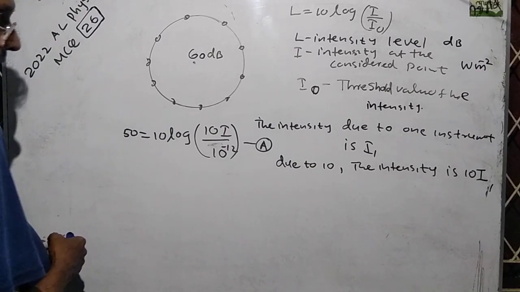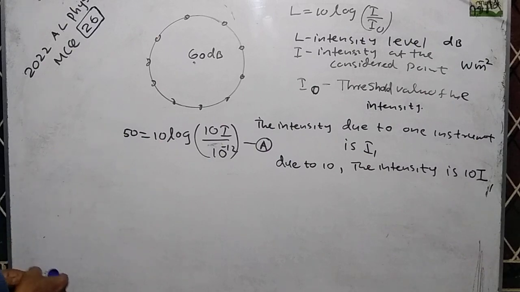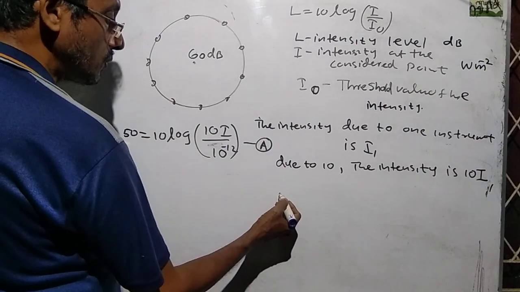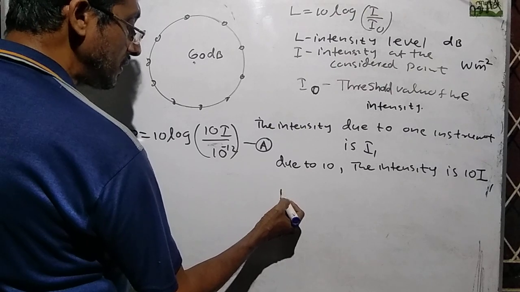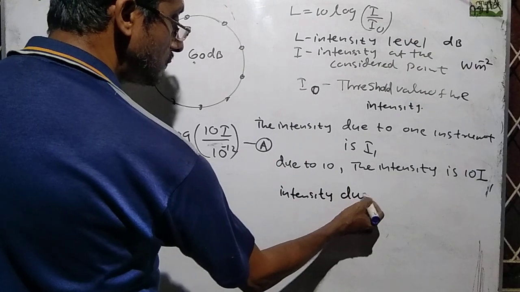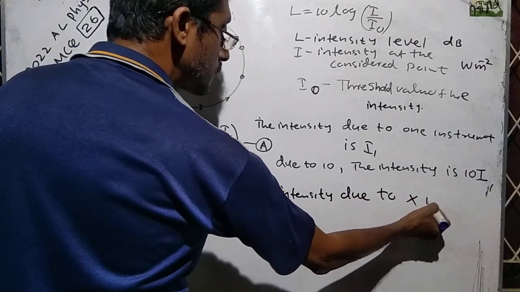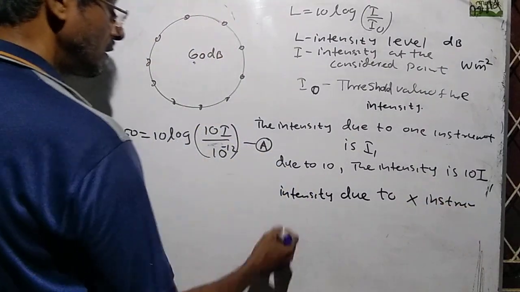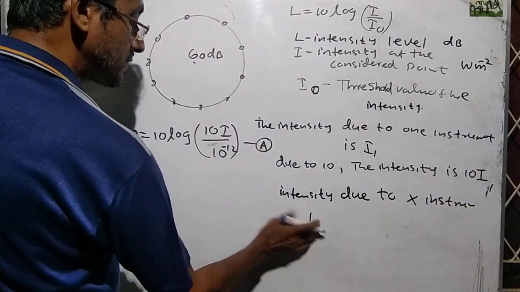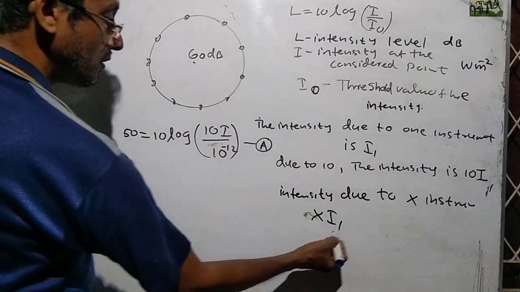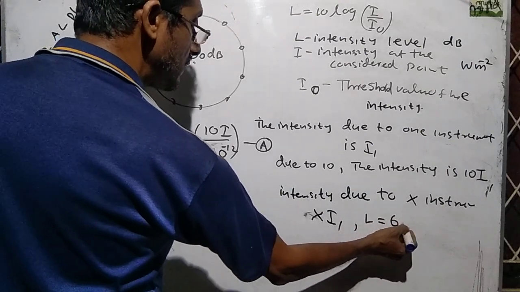The 60 decibel intensity level needs X number of instruments, and the intensity due to X instruments is X times I1, XI1. And L is equal to 60 decibel.